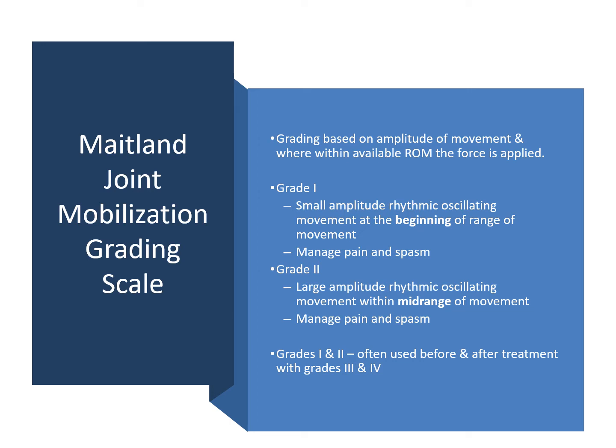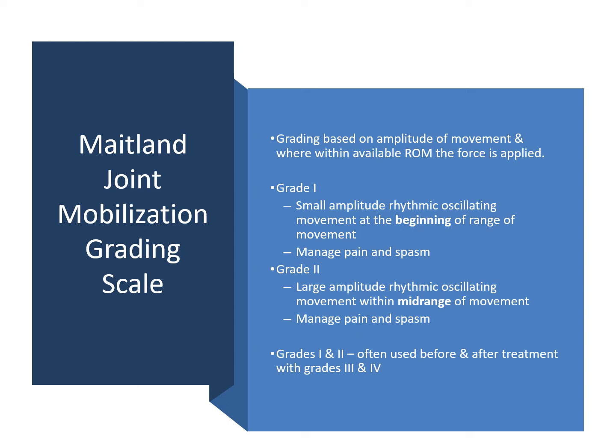So now we will learn about the grading scale of Maitland joint mobilization. As we have been discussing, there are 5 grades of joint mobilization. So let us talk about what is grade and what it is dependent upon.